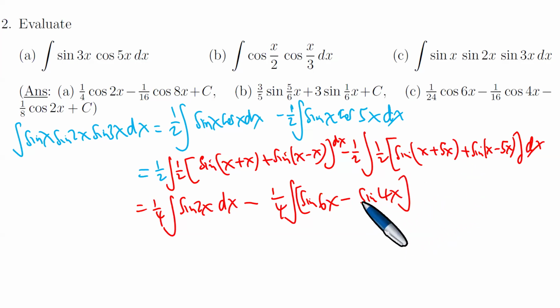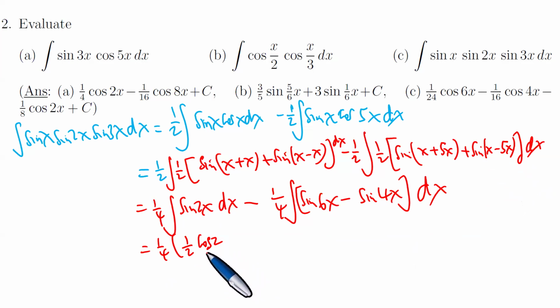It goes out like that because x minus 5x is minus, but through the sine the minus goes through. Right, so you have 1/4. The integral of the sine is minus cosine. So it becomes minus 1/2 cosine 2x.